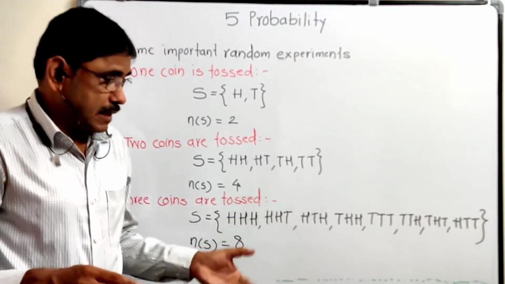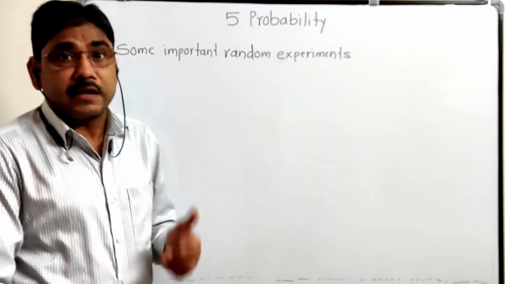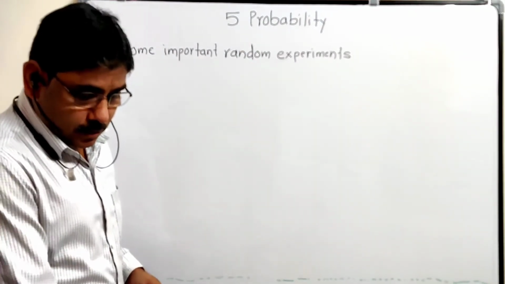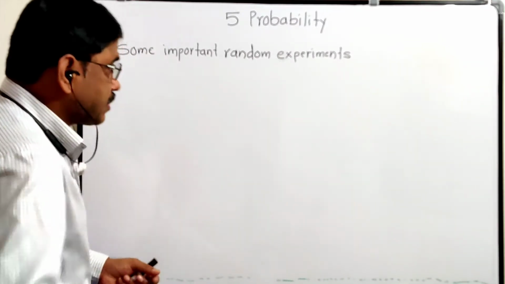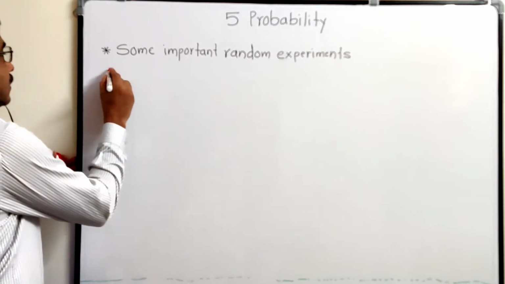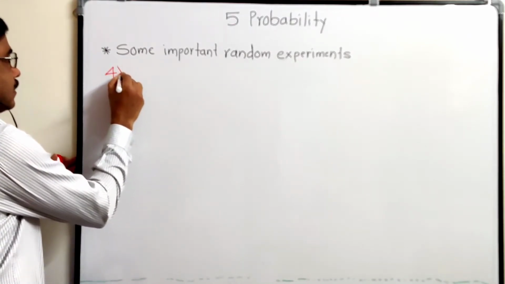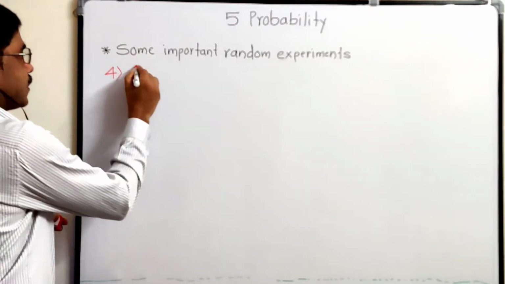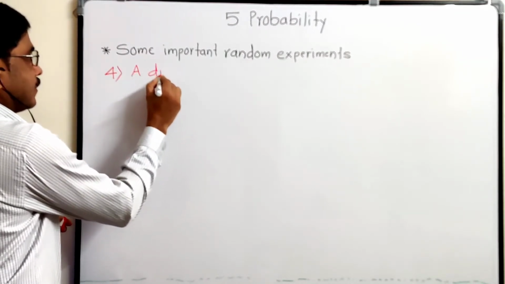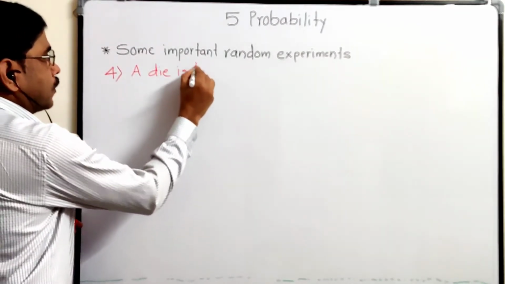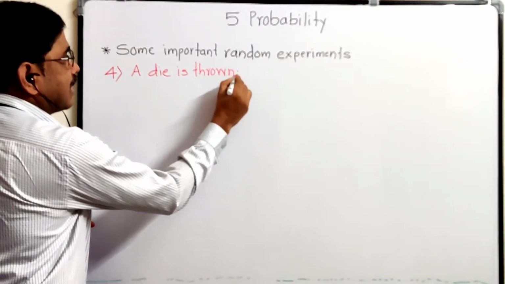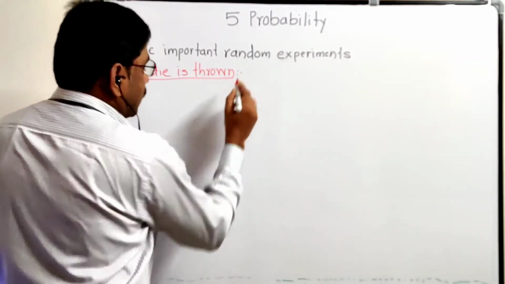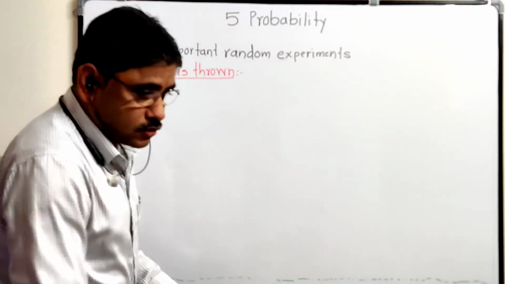Let us see the next random experiment. The 4th random experiment is of a die. We saw 3 random experiments of the coin. Here a die is thrown, that means a single die is thrown.